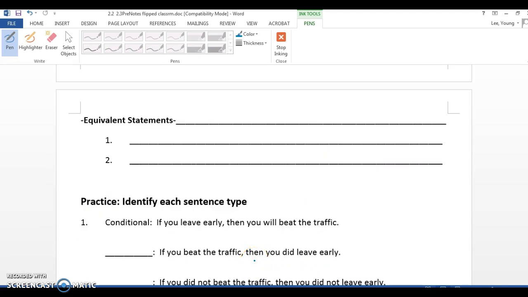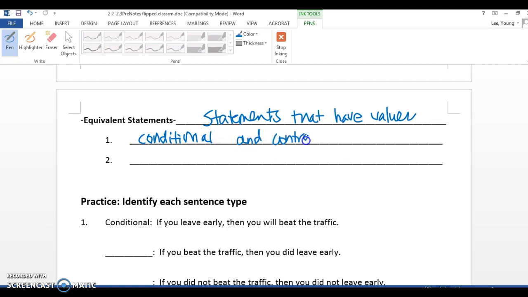Okay? Then what does equivalent statement mean? Equivalent statements are statements that have the same value. What you know about that is the conditional statement and the contrapositive share the same value.